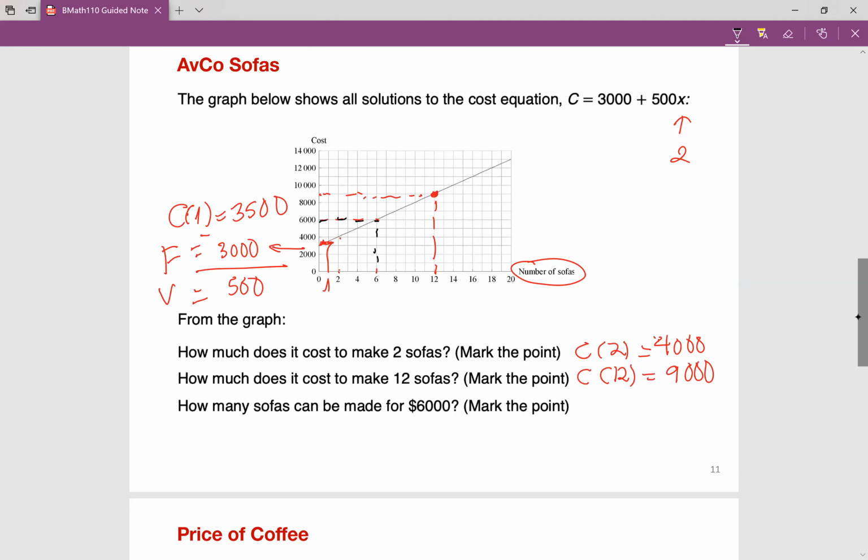That gives me x becomes 6. So that means 6 sofas. You can make 6 sofas with 6,000.